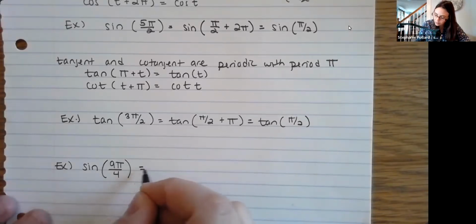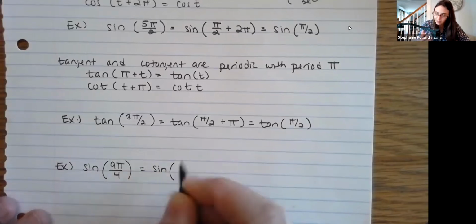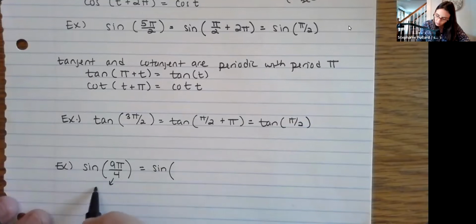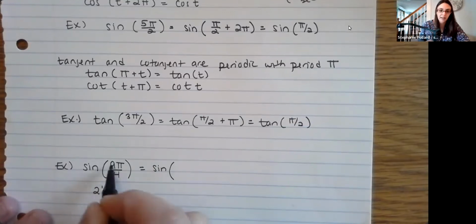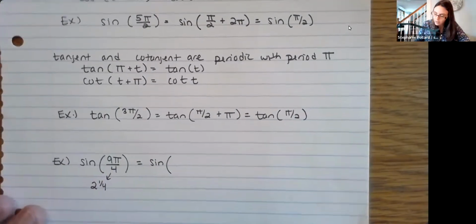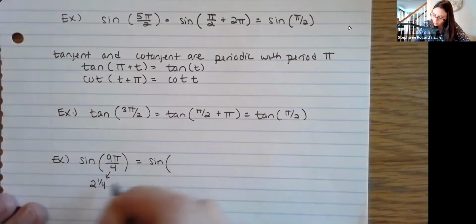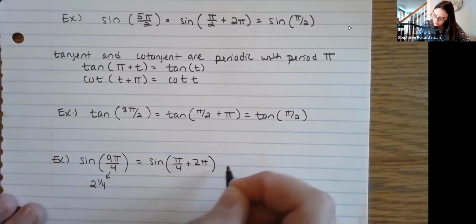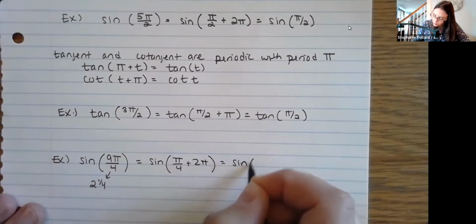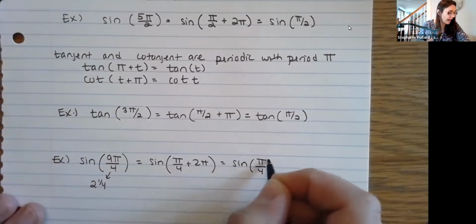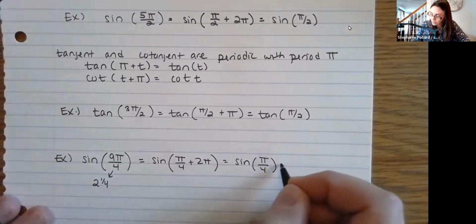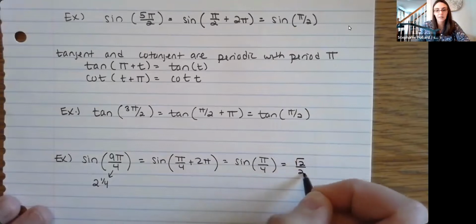So I'm going to use the idea that it's periodic, and I'm going to pull that 2 pi out. So this is 2 and 1/4 if I change that 9/4 into a mixed number. So I end up with 1/4 left plus that 2 pi. So I'm just looking at sine of pi over 4 here, and we know that one. We've looked at this one already. It's root 2 over 2 for the answer.